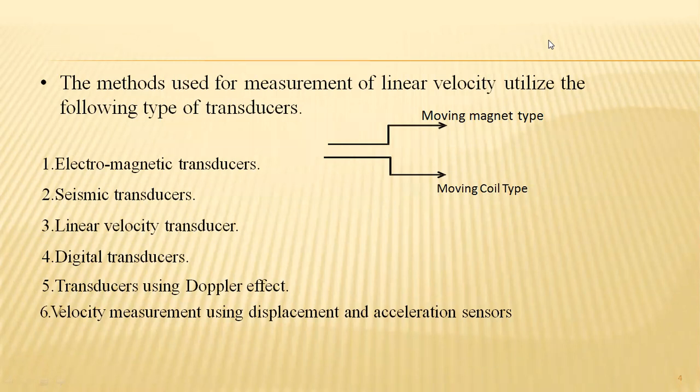So changing the physical form of the movement to another physical status, or phase transformation of the measuring aspects, is called a transducer.